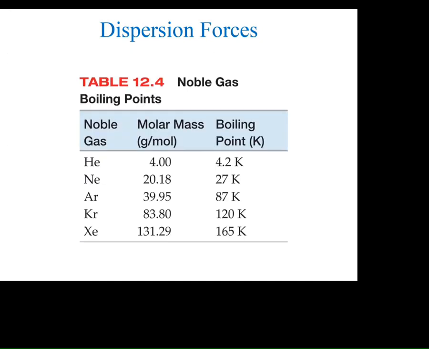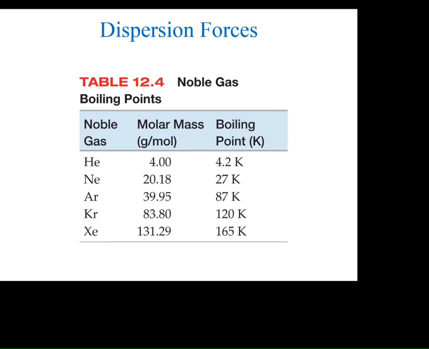Okay, so let me show you an example of this. Here are 5 noble gases. Again, totally not polar. They're not even molecules, so they definitely don't have dipole-dipole. They definitely don't have hydrogen bonding. The only thing they can have is what I just showed you, which are the dispersion forces. So the electrons orbiting around there, at one moment in time, might wind up on one side.